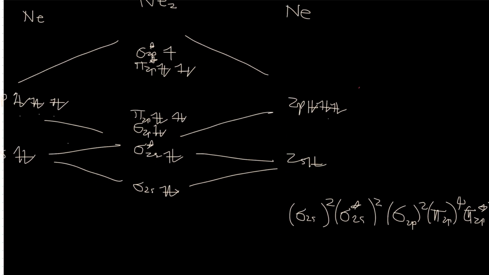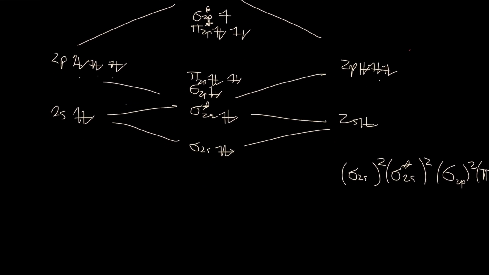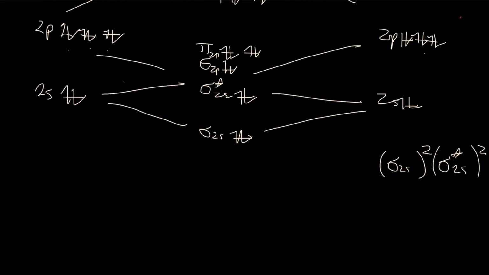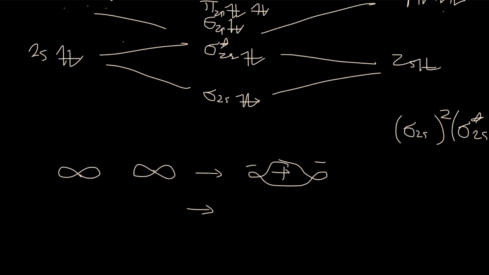Now we'll talk about the shapes of these molecular orbitals. They have different shapes. Because we know that sigma is an end-to-end overlap of p orbitals, you can get a bonding sigma orbital, which looks like this. Positive, negative, negative, in phase. Bonding is in phase. Or you can get an anti-bonding, which will have a node.